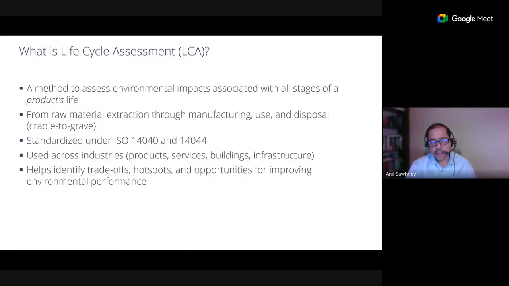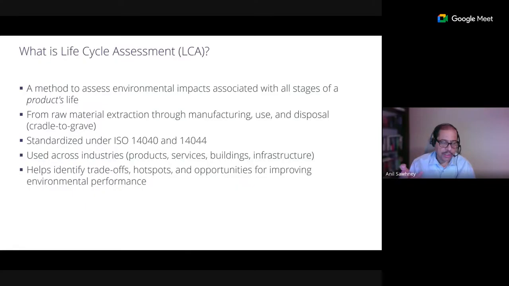Let's say you are manufacturing any kind of product, like a chair or a table. You can do a life cycle assessment, LCA, and get the environmental impacts from that product over its entire life. Now, this has to be extended to products, services, and in our case, to buildings. So that's where we will move.